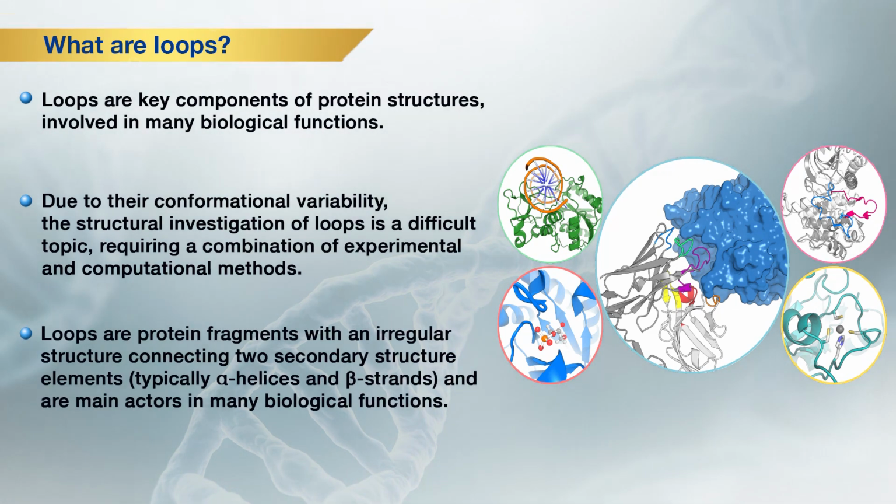Loops are protein fragments with an irregular structure connecting two secondary structure elements, typically alpha helix and beta sheet. So, a loop is attached to alpha helices and beta sheets and is a main factor in many biological functions.